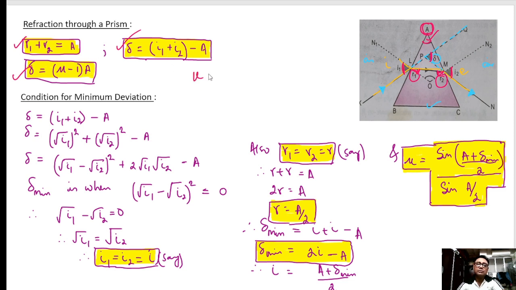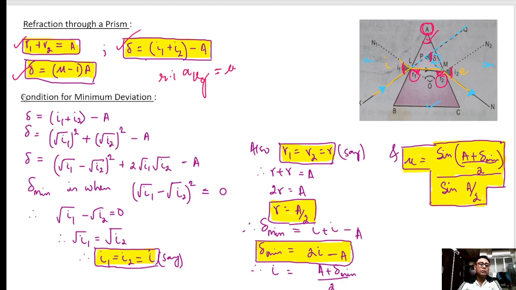It is the refractive index of glass with respect to air. So these are the three relations which I have written here, and you have to note these relations because a lot of numericals are related to these variables.